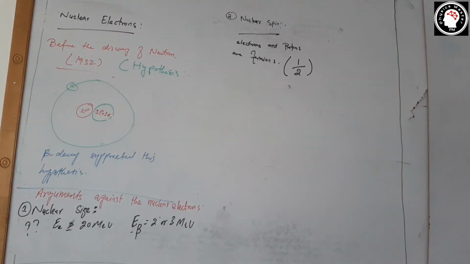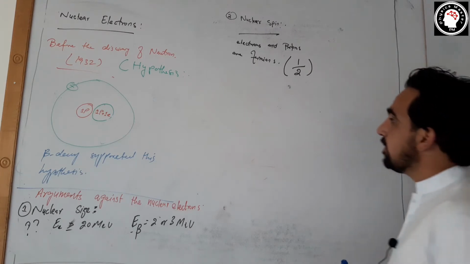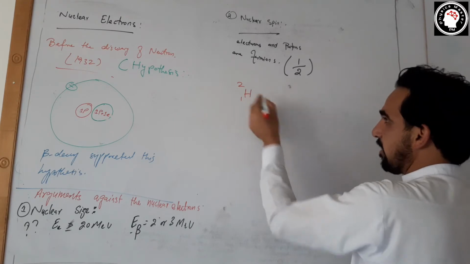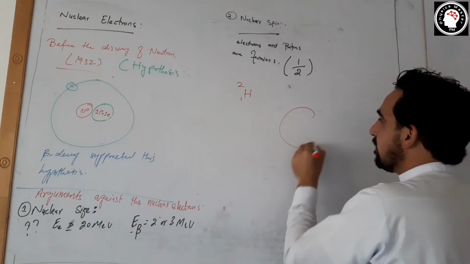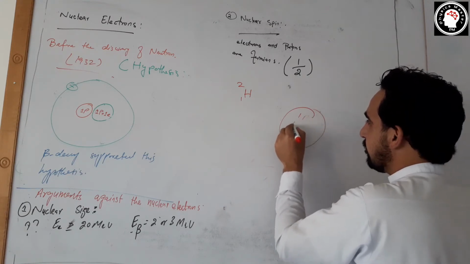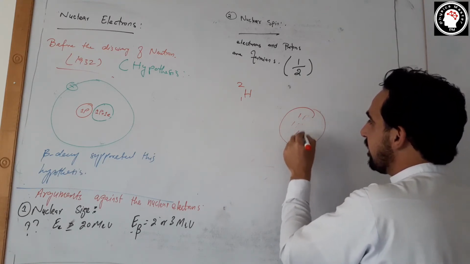For example, let us take the nuclei of deuterium. According to this hypothesis, the nuclei of the deuterium must consist of two protons and one electron.